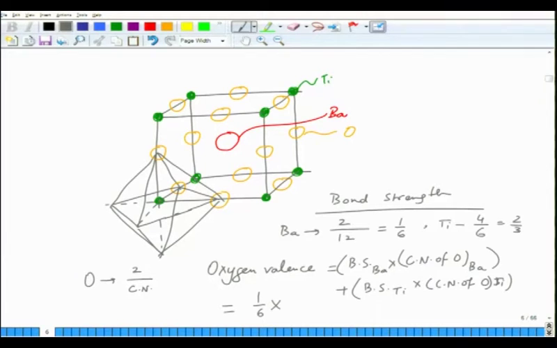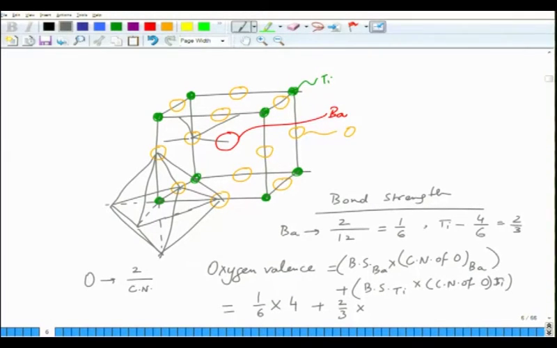So it turns out you have in the first case 1 by 6, and how many barium atoms are around each oxygen atom? Let us say this is the reference oxygen atom. One in this, one on the back, one here, and one here. 4. Bond strength of titanium is 2 by 3. And how many titanium surround the oxygen atom?